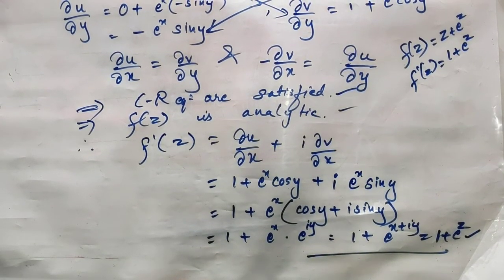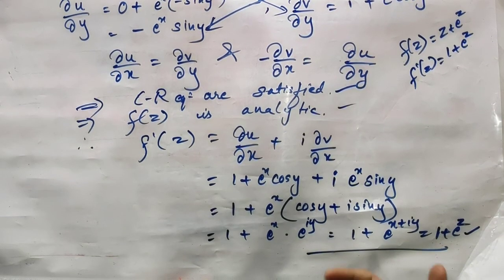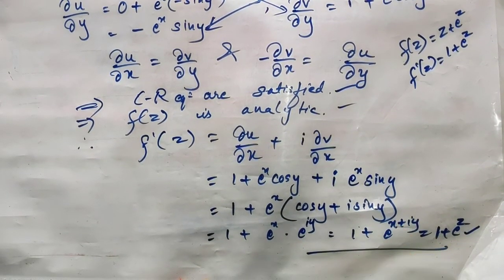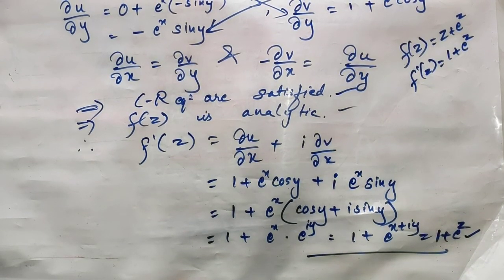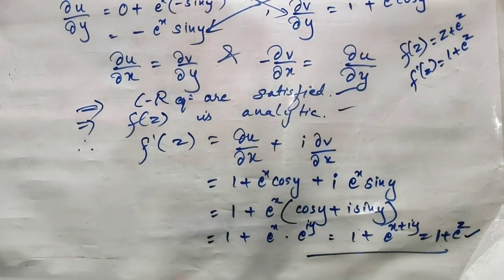But hereafter there will be certain problems where z equal to x plus iy will not always work for you. At that time you have to go for another way of substituting, that is the polar way. To do that you need CR equations in polar form, so we will have to derive it. In my next session I'll continue with that. Thank you till then.